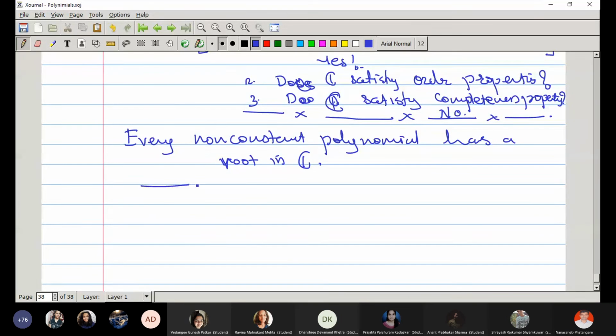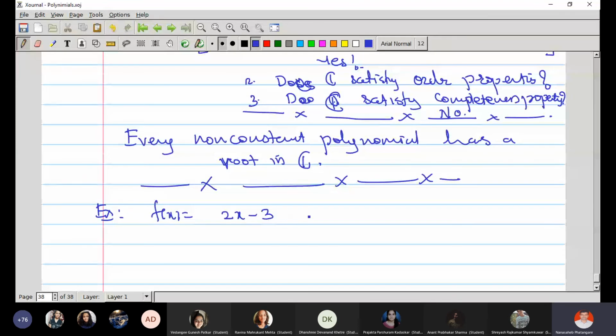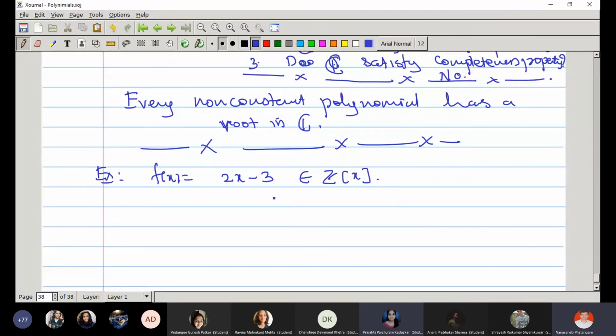Okay. Is the statement clear? What do I want to say? What is the meaning of this statement? For example, if I take the polynomial f of x equal to 2x minus 3. Where is this polynomial? This polynomial is in Z[x]. Am I right? Is it in Z[x]? Yes, sir. But what are the roots?